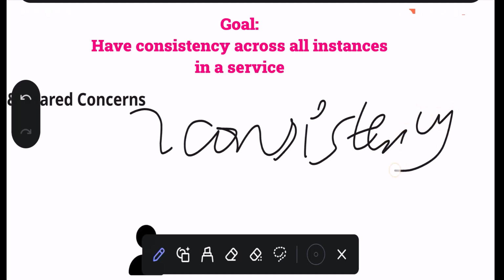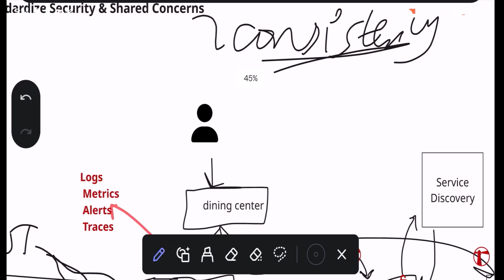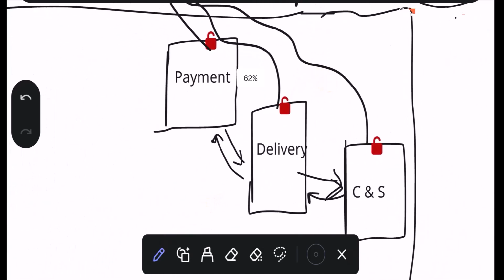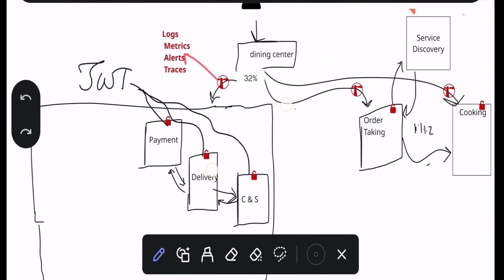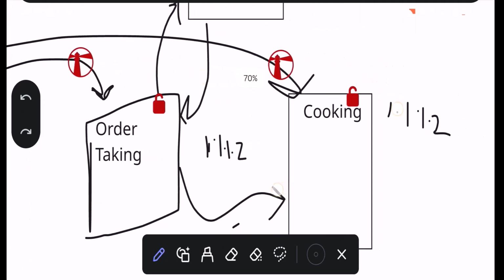And now come back towards our real world analogy of the restaurant. In the restaurant, if the payment building has a design on the walls, like paper design, similarly that design must be in the cooking building as well. Why?